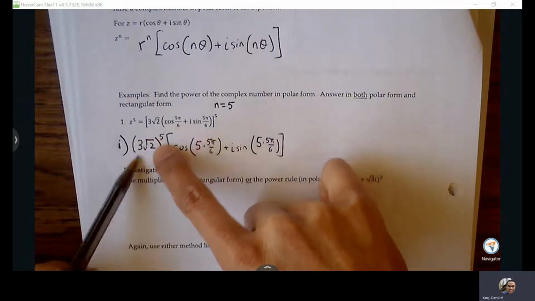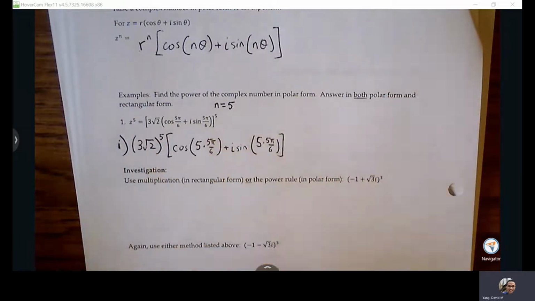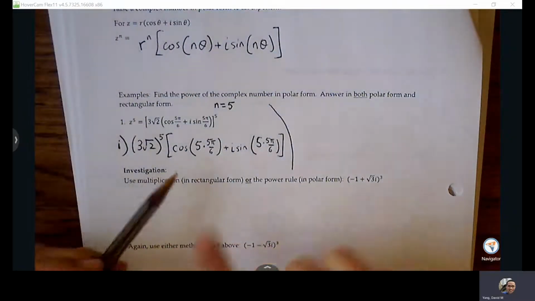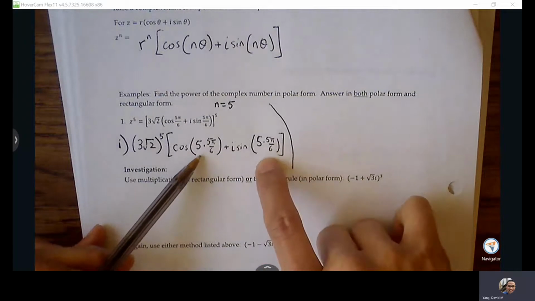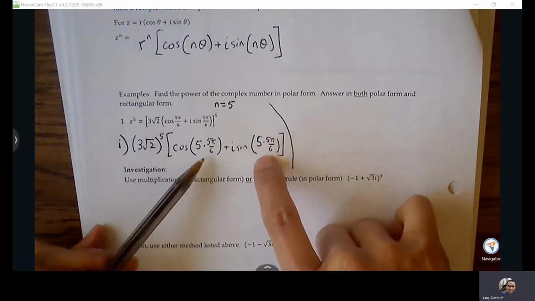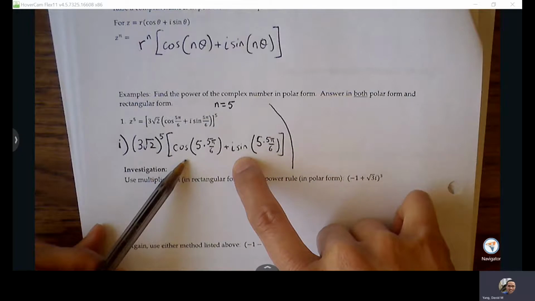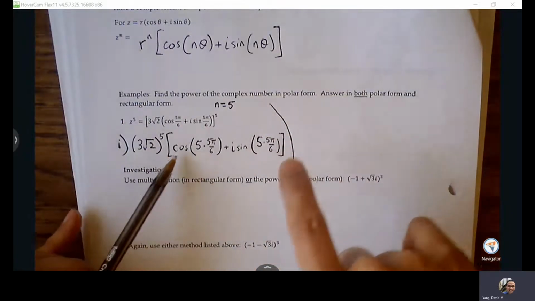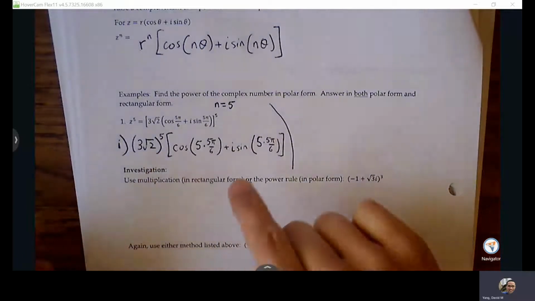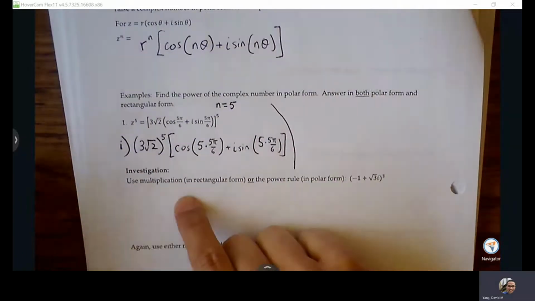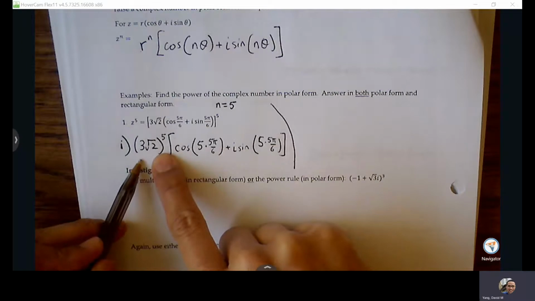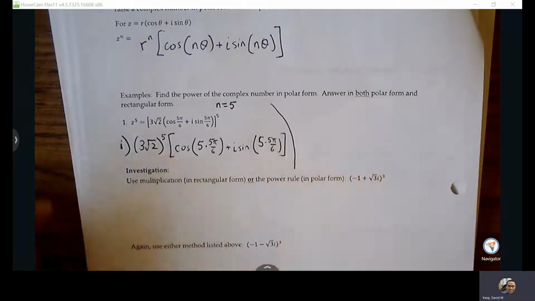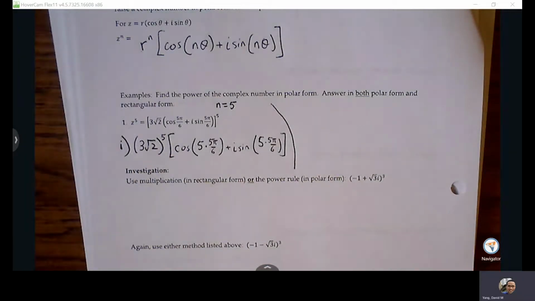You've got to put 3 root 2 in a set of parentheses first, and then the fifth power can come after. Yes, you'll be in radian mode, but you're not going to enter this into the calculator for radian mode because you're just going to leave the cosine and sine, right? We will for rectangular form, but for polar form, you want the cosine and the sine showing. Okay, so 3 root 2 to the fifth. Sorry, to the fifth, my bad. That's it.